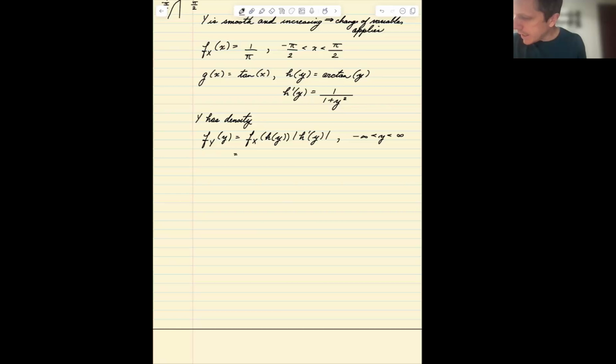And the density of x is 1 over pi. And the derivative of h is 1 over 1 plus y squared. So y is called standard Cauchy.